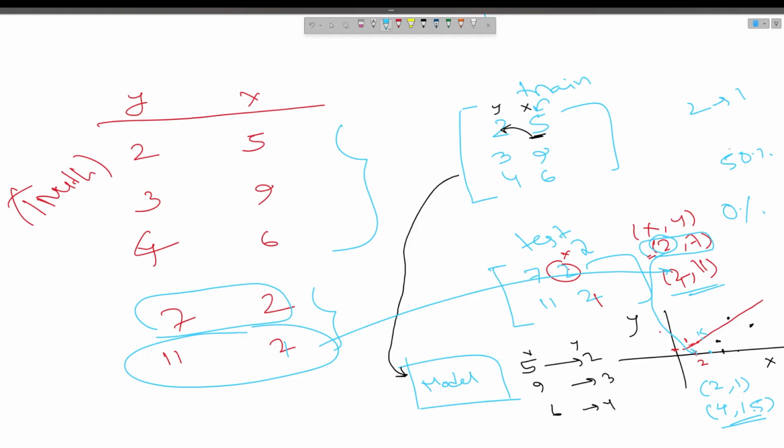So this is how accuracy is understood. I believe now you understand what the test dataset is, what the training dataset is, and how we get the accuracy.